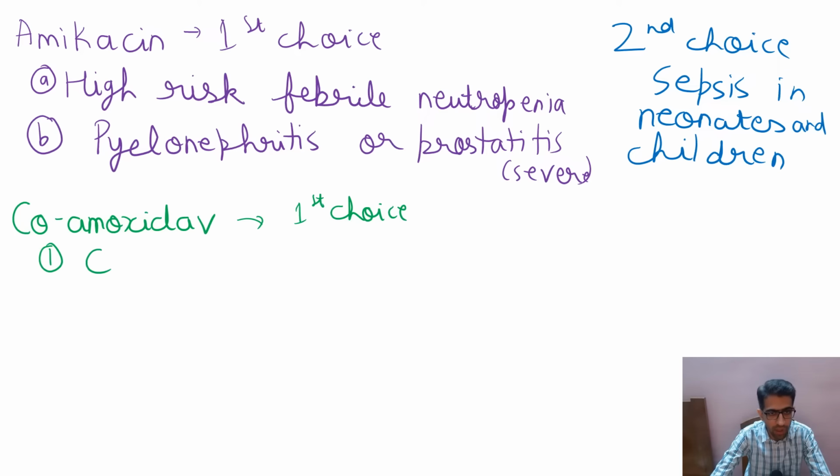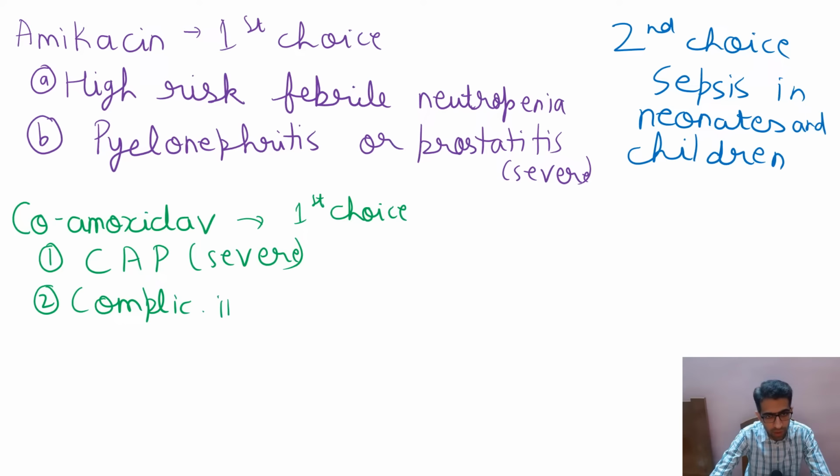Very important. Community acquired pneumonia severe, then complicated intra-abdominal infections. These can be either mild or they can be moderate, mild to moderate. There's different gradings.